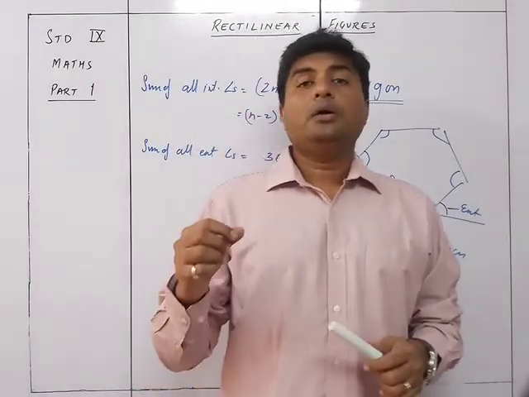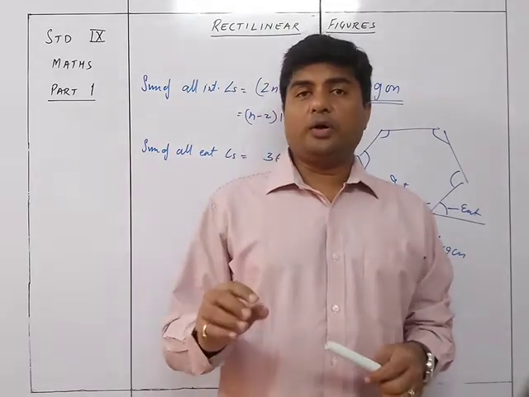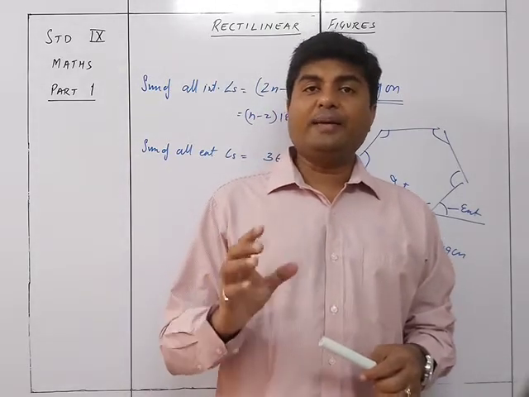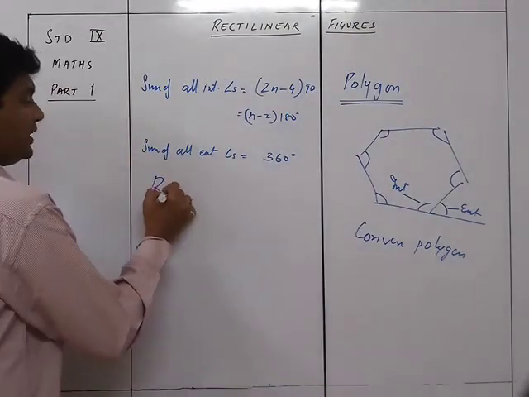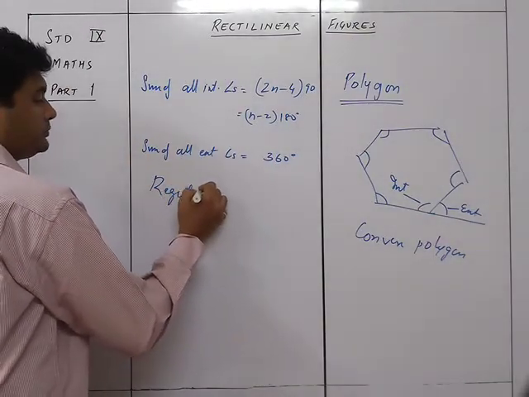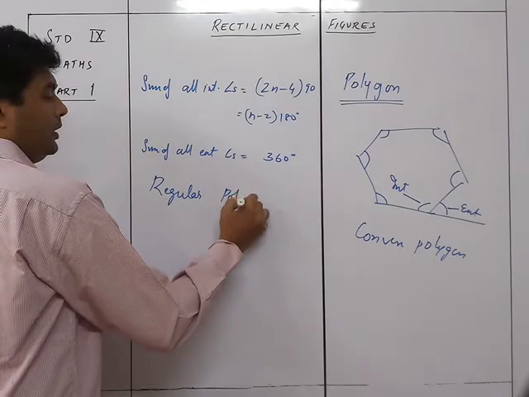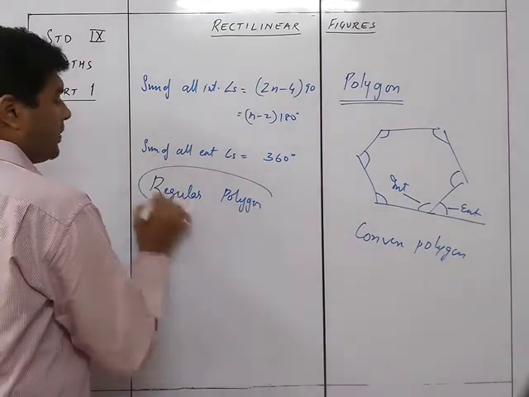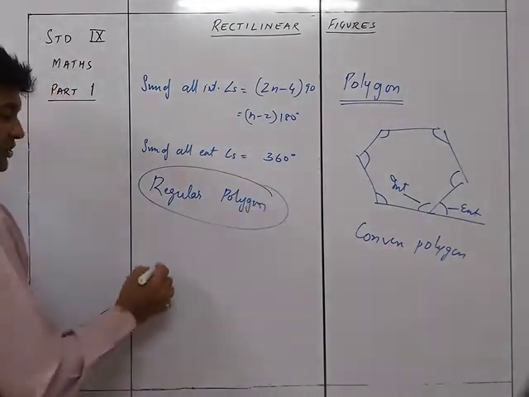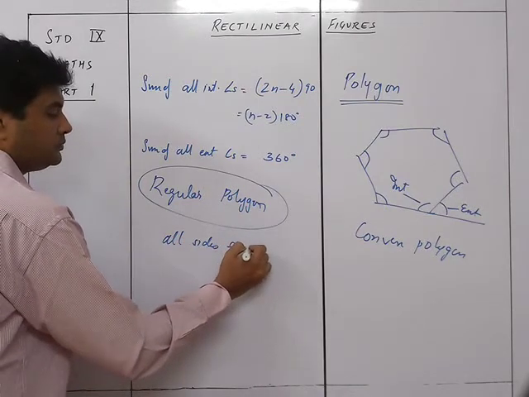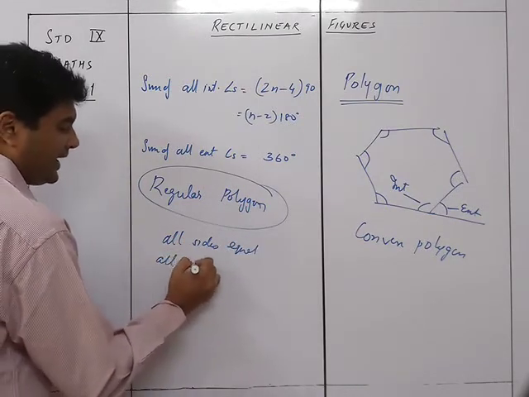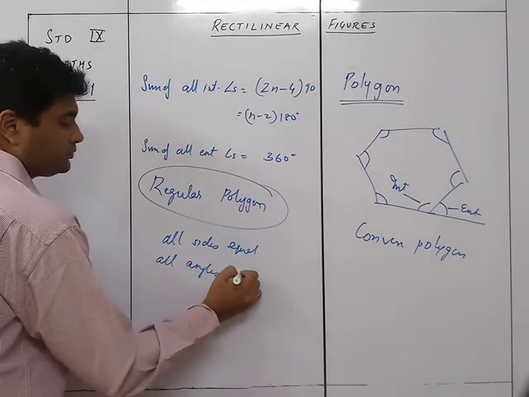Now, when you talk about polygons, there is one typical kind of polygon which is called a regular polygon. A regular polygon is one in which all sides are equal and all angles are equal.